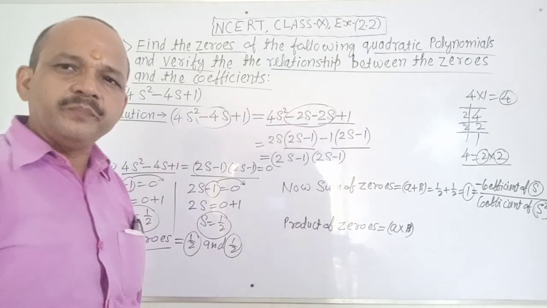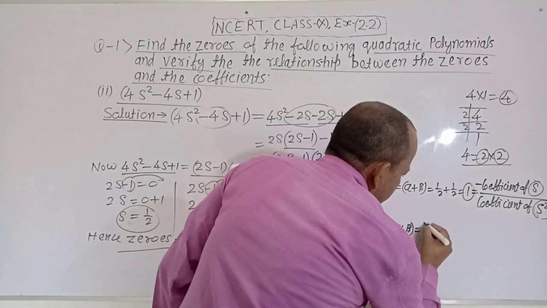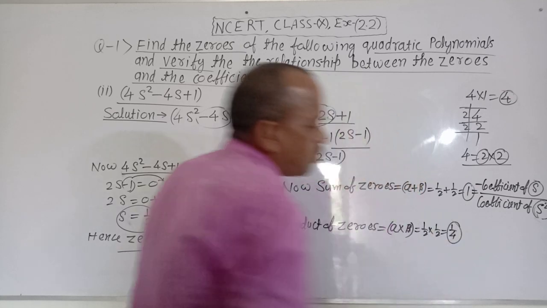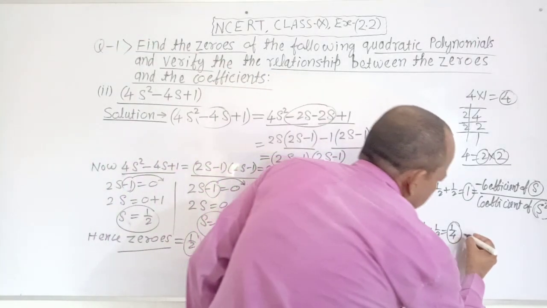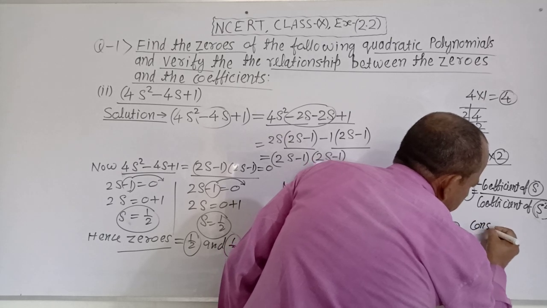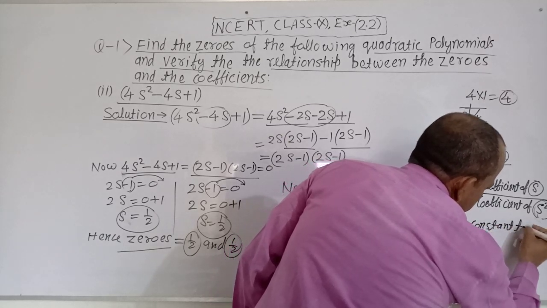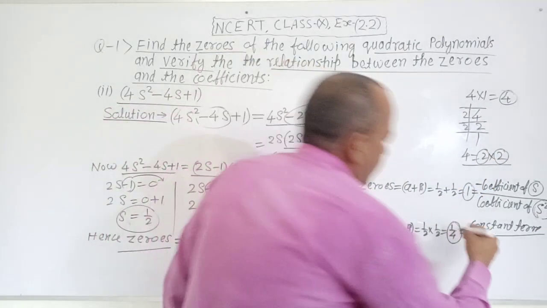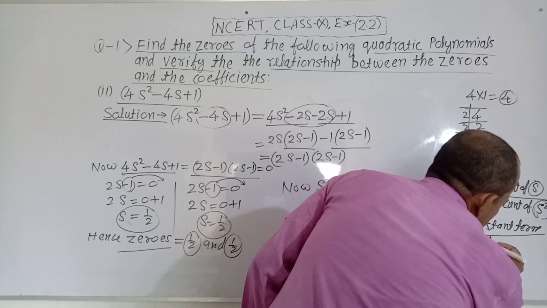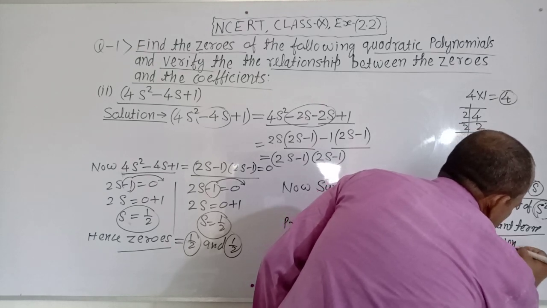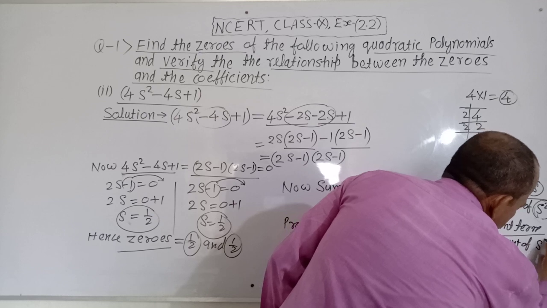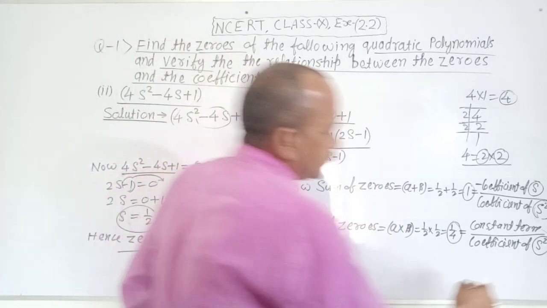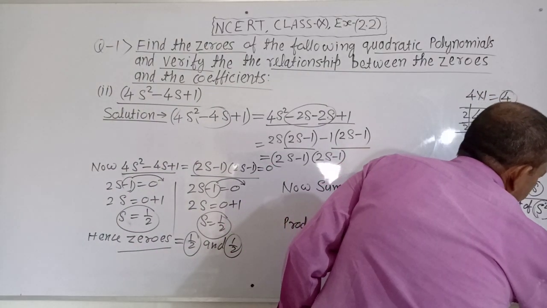Alpha multiply beta equals half multiply half equals 1 by 4 equals constant term upon coefficient of s square, equal to c by a.